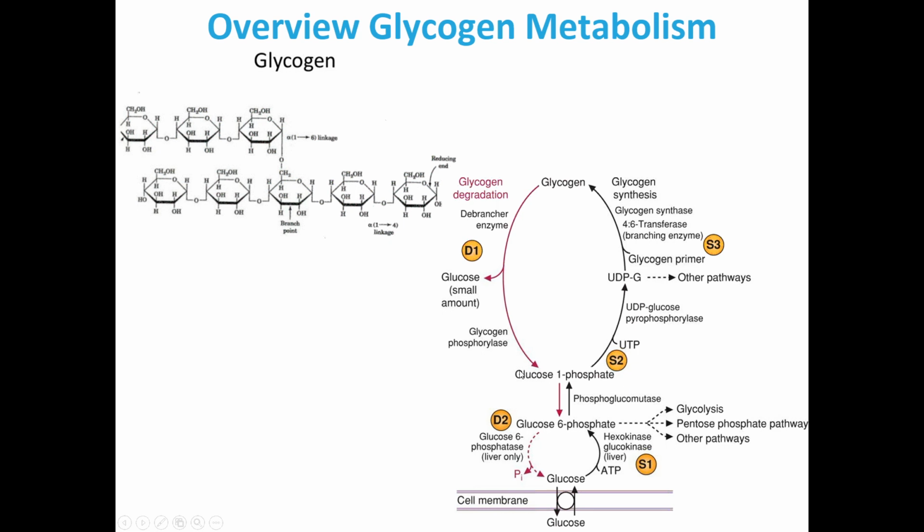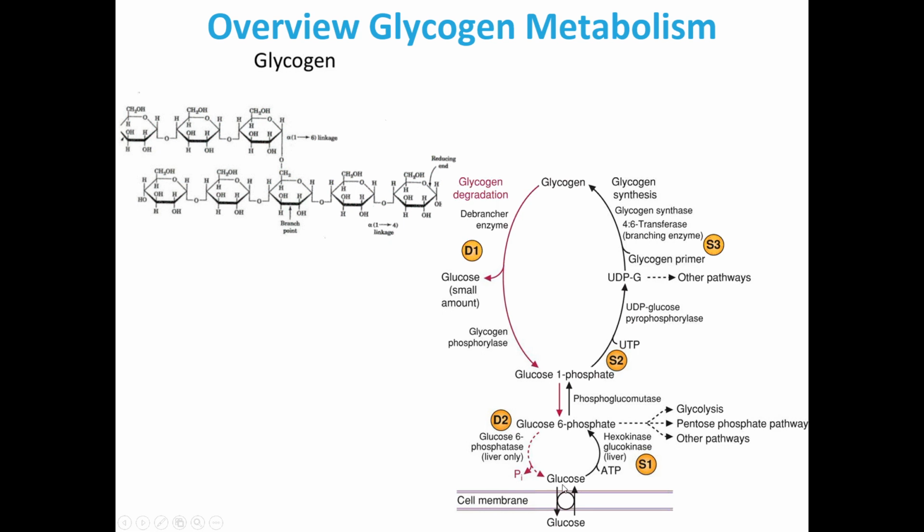We then use phosphoglucomutase enzyme to convert glucose 1-phosphate to glucose 6-phosphate. And then glucose 6-phosphate in the liver can be converted back to glucose using glucose 6-phosphatase. This was an enzyme from gluconeogenesis.